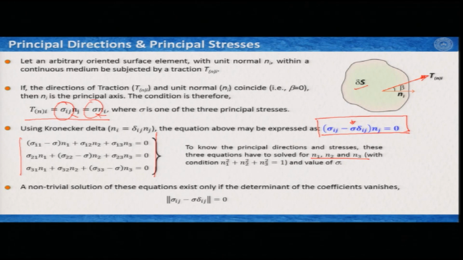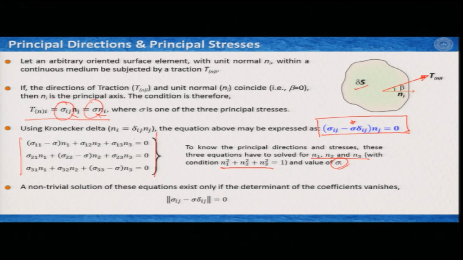And you have a condition, which we have also learned with the force, that N1 square plus N2 square plus N3 square, the sum of this should be 1, and then of course you have to figure out the value of sigma.